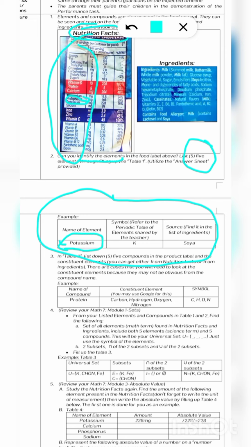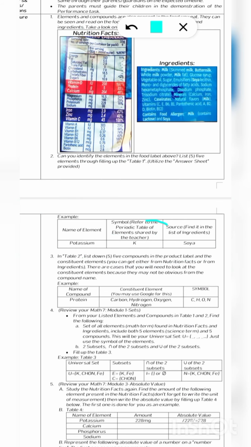Tapos, dito naman sa symbol, so, hahanapin nyo po ang symbol ng potassium doon sa periodic table. So, may isa-share po ako sa inyo na periodic table of elements. So, doon nyo po hahanapin kung ano ang symbol ni potassium.